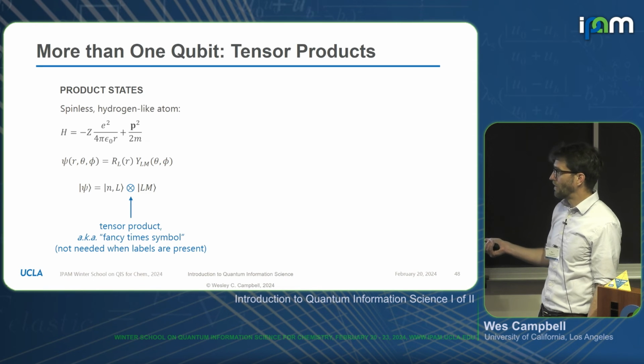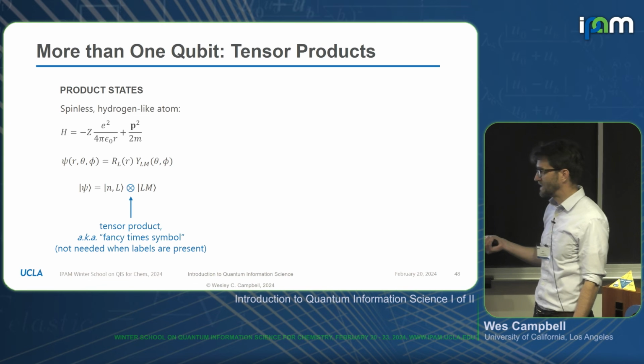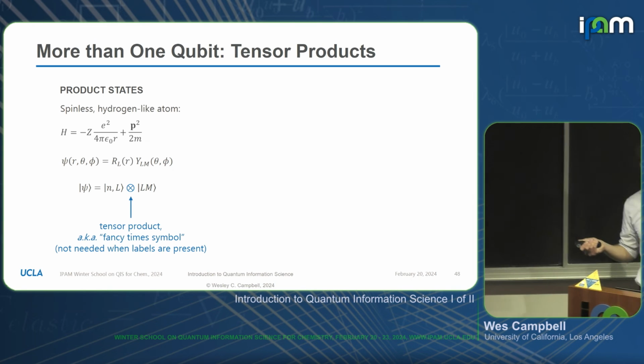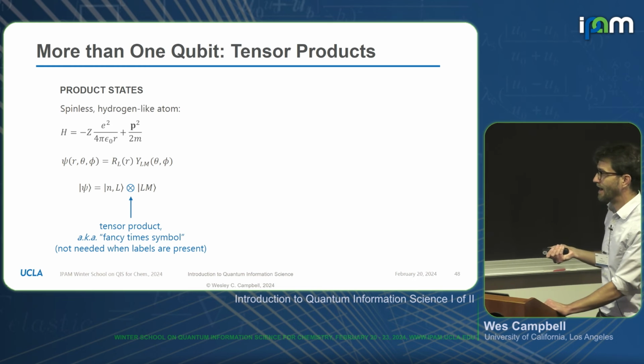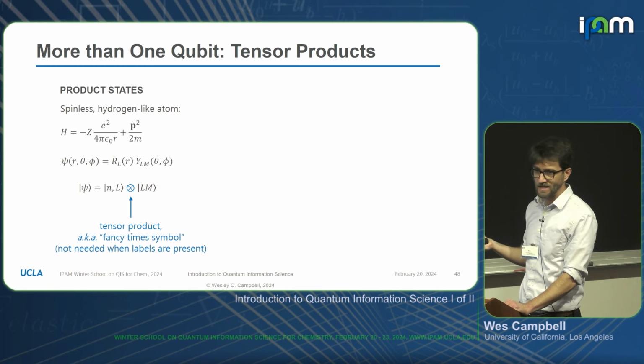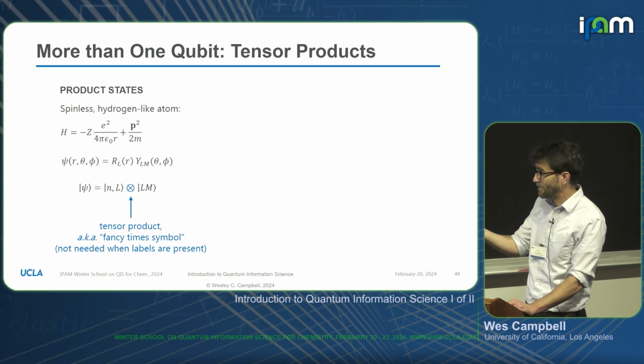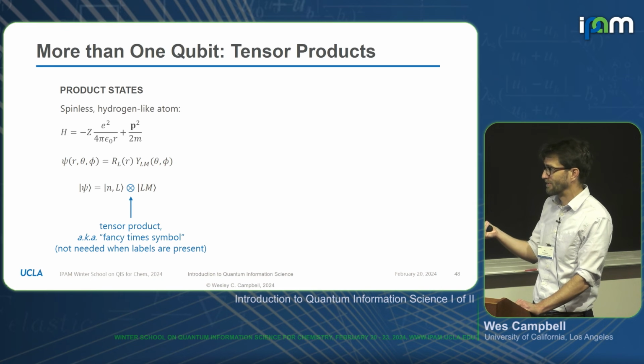What you're doing here in terms of the quantum state is something called a tensor product. A tensor product is basically telling you that you have things that live in different spaces. In this case, you have separable degrees of freedom in your system. The angular wave function lives in a world of its own compared to the radial wave function.